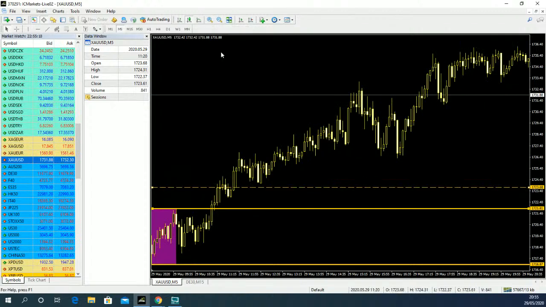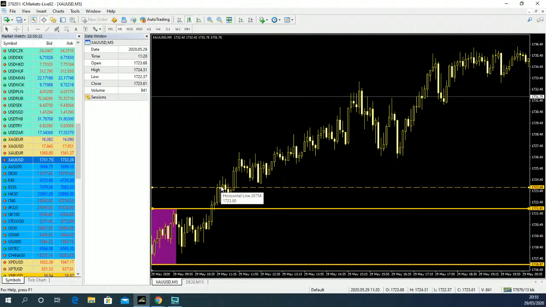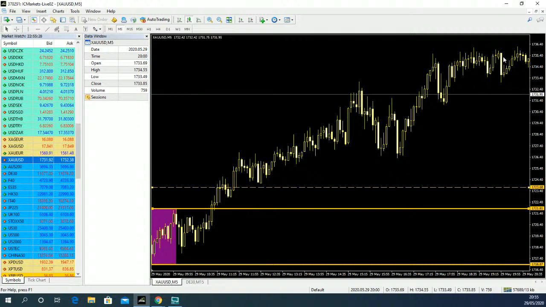So, ladies and gentlemen, do you think we can get 50 pips from here down to the top? Let me see who's going to make the closest guess. How many pips are there?